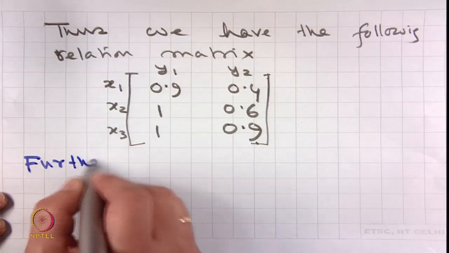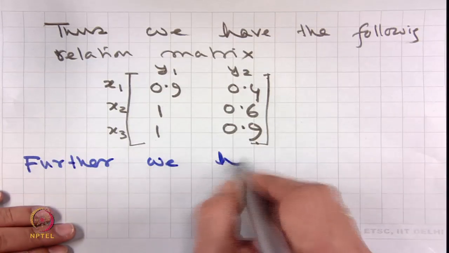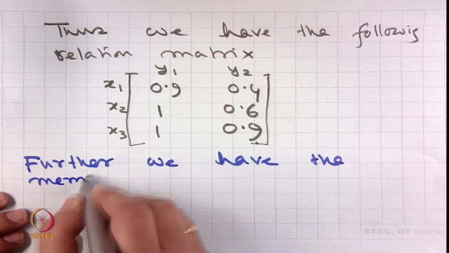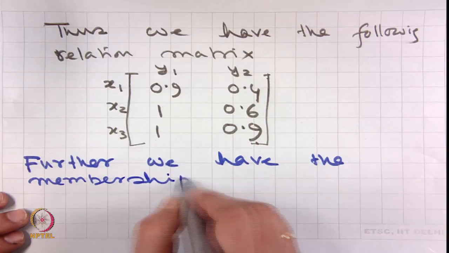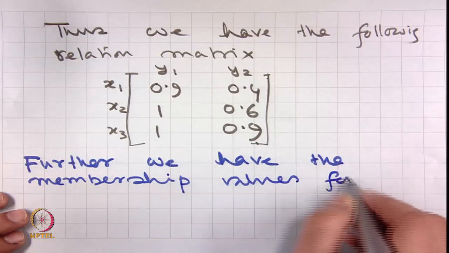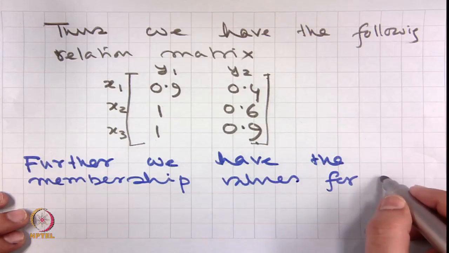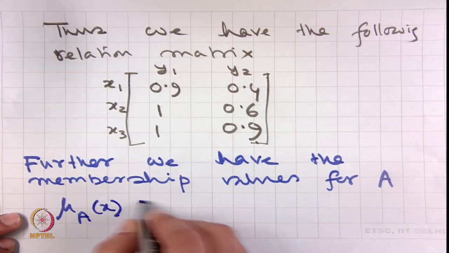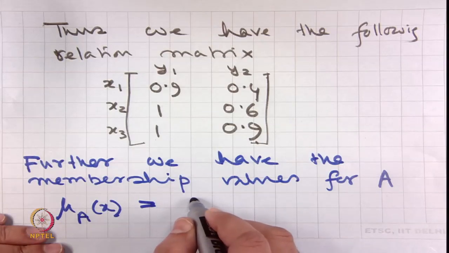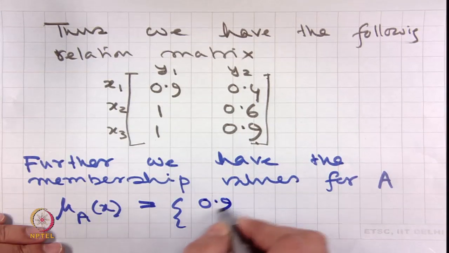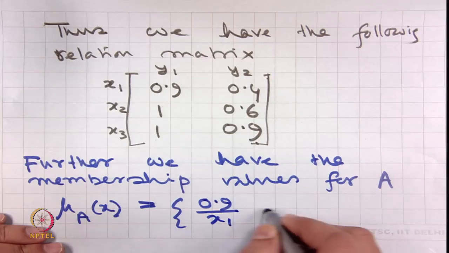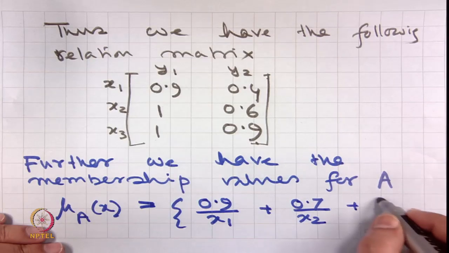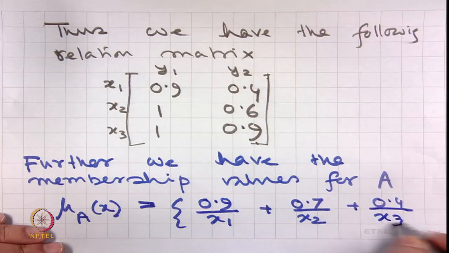Further, we have the membership for the fuzzy set A, which is given as 0.9 for x 1 plus 0.7 for x 2 plus 0.4 for x 3.